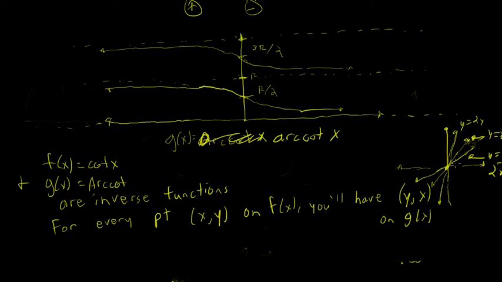This line here is y equals 2x. This line is y equals 1/2 x, that is this line here with a shallower slope.